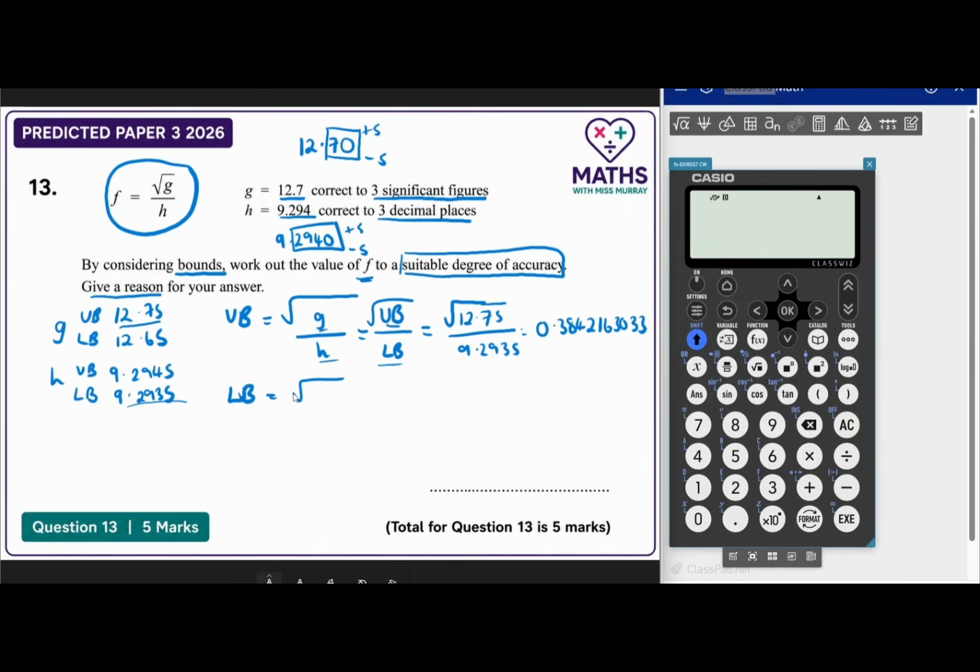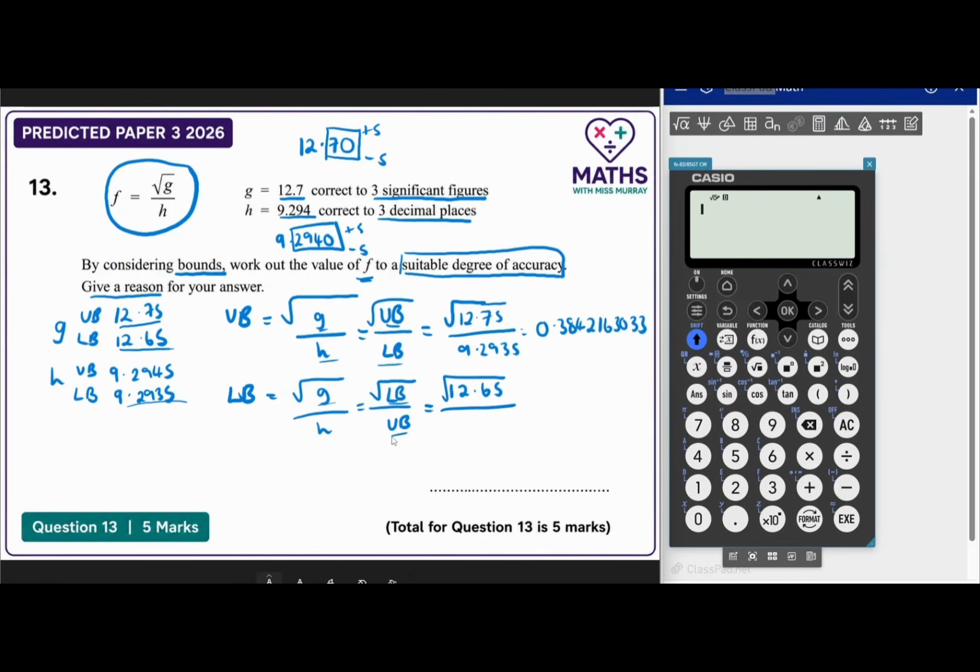So again, this is going to be square root of g over h, but this time I want the smallest possible answer. So I need the smallest possible number on the top divided by the biggest possible number on the bottom. It's the reverse of the upper bound. So now I want the lower bound of g, which is 12.65. Don't forget the square root.